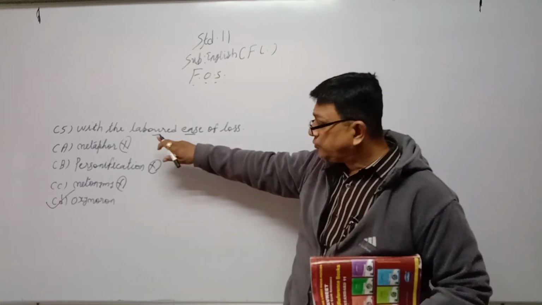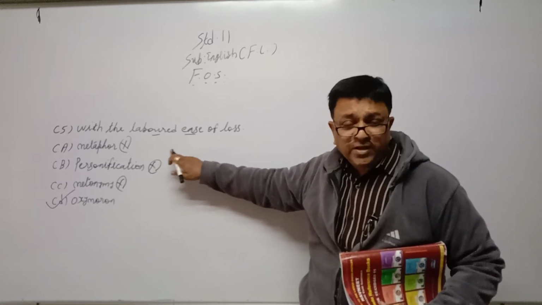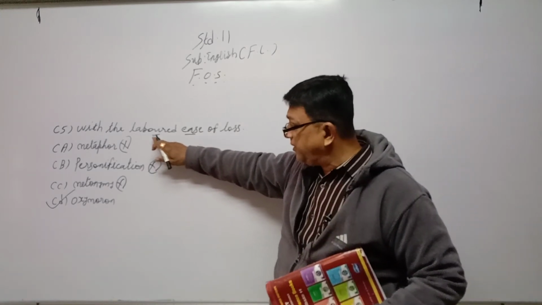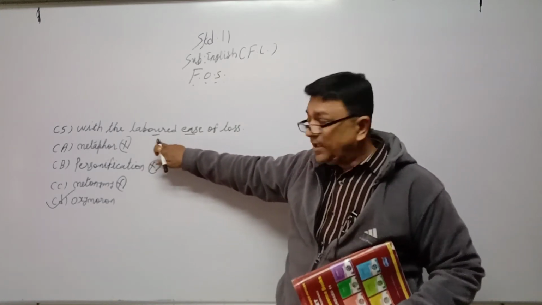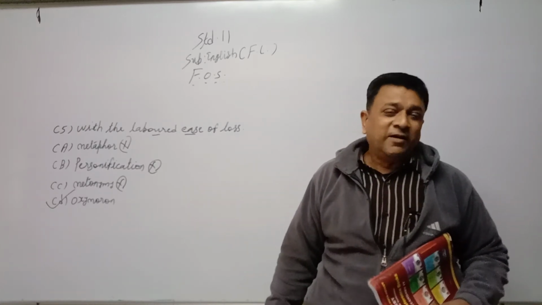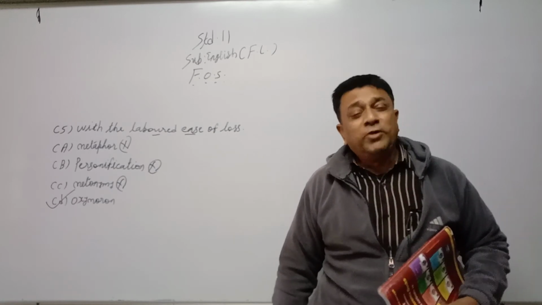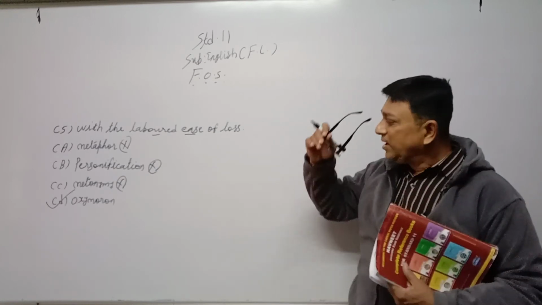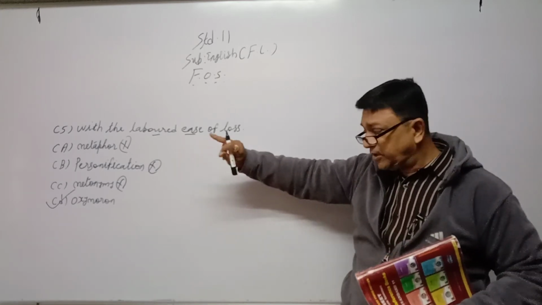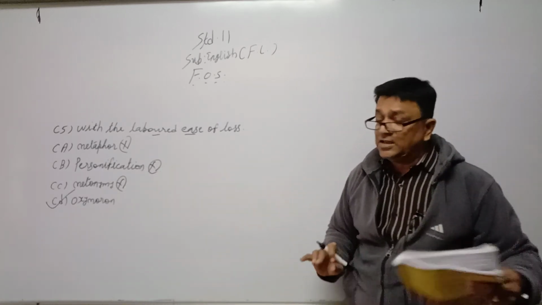Laboured and is present opposite meaning. Laboured means tired one. Is means one who is in rest. So laboured and is are opposite words put together. So it is called oxymoron. Oxymoron is the right answer.